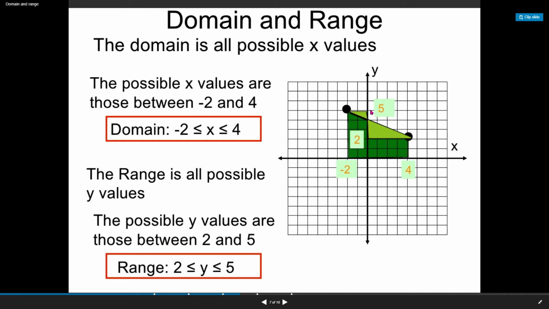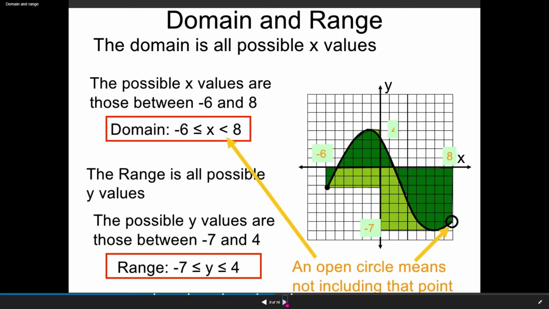So know that one possible y value is 5. The other possible y value is at the 1, 2 mark. So our possible range is between 2 and 5. Or I can say, because you always go lower numbers to higher numbers, 2 is less than y, which is less than 5. And that gives you your domain and your range.